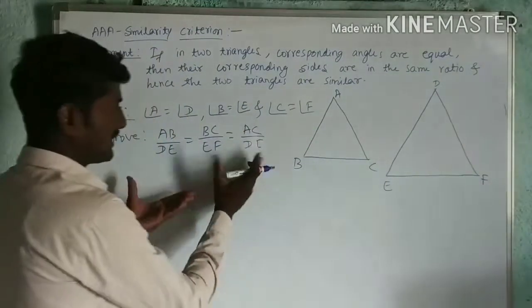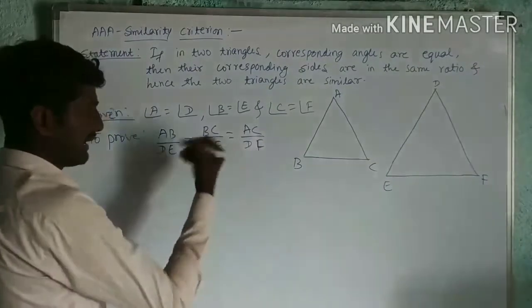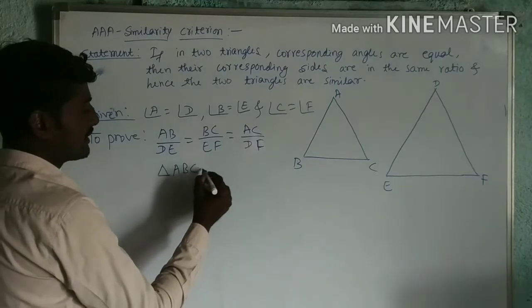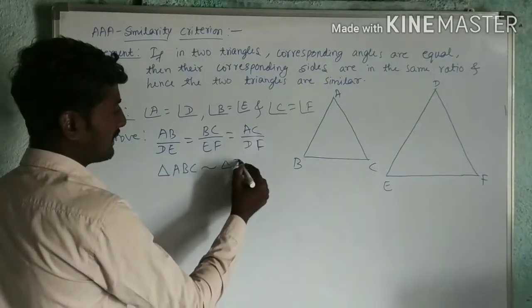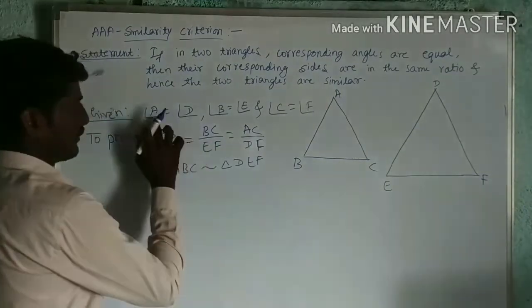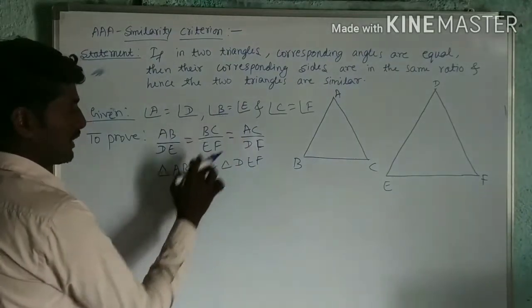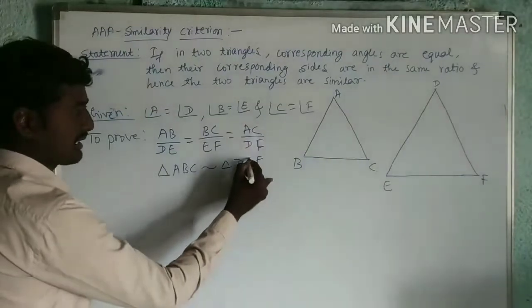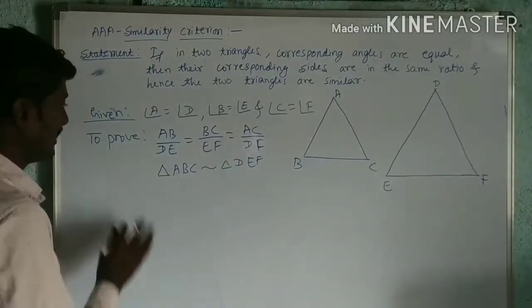This we have to prove. So then automatically you can write triangle ABC is similar to triangle DEF. For A, D have taken, for B, E, for C, F. Like this I should take. To prove is over.